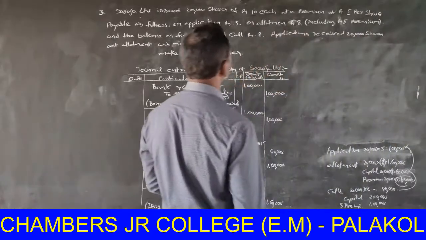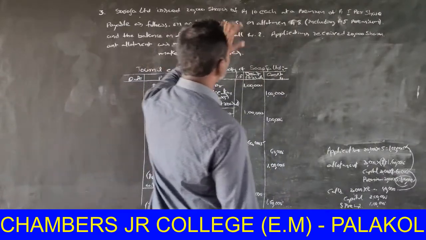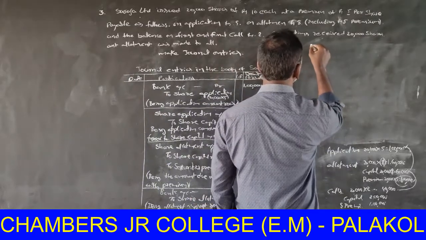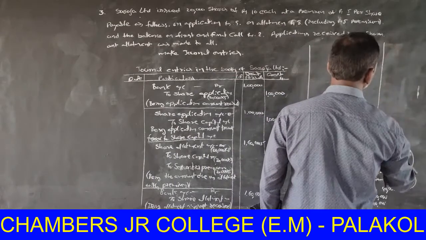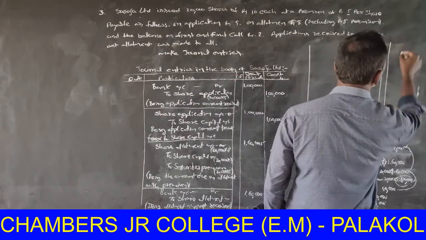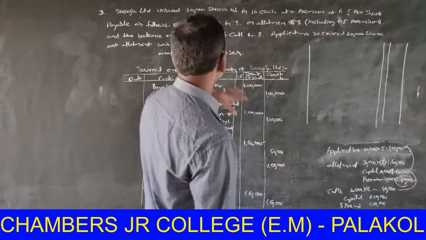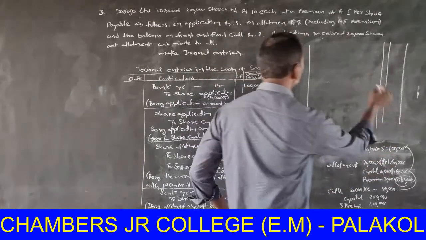For 20,000 shares. After that, the balance on first and final call is rupees 2. Here is the journal entry for the due of first and final call.